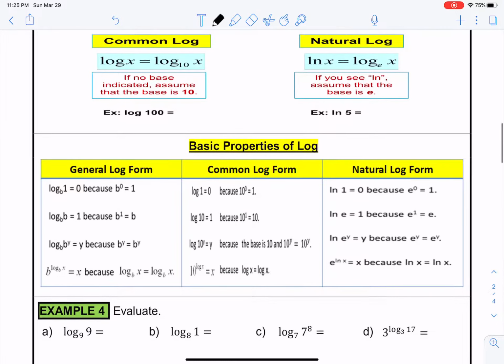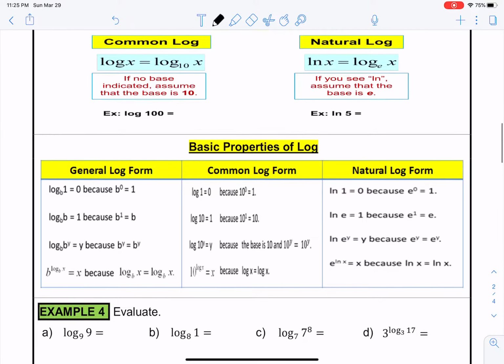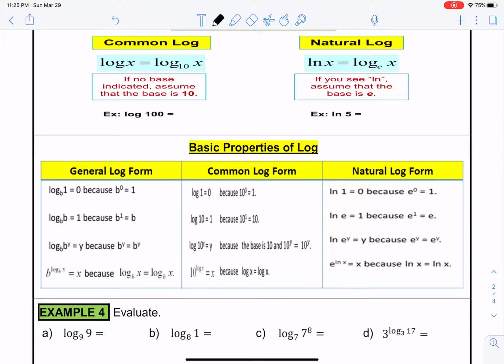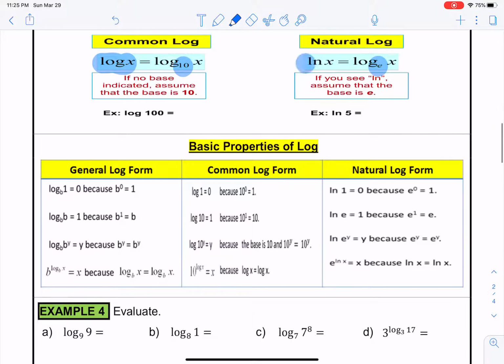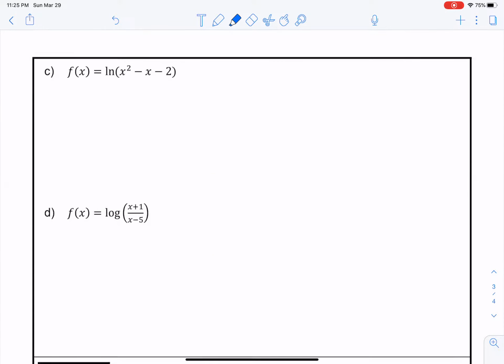So here are some properties of log. Before we get into the properties, if we have a base 10, we simply call it log of x. But if we have a base of e, we call it ln of x.